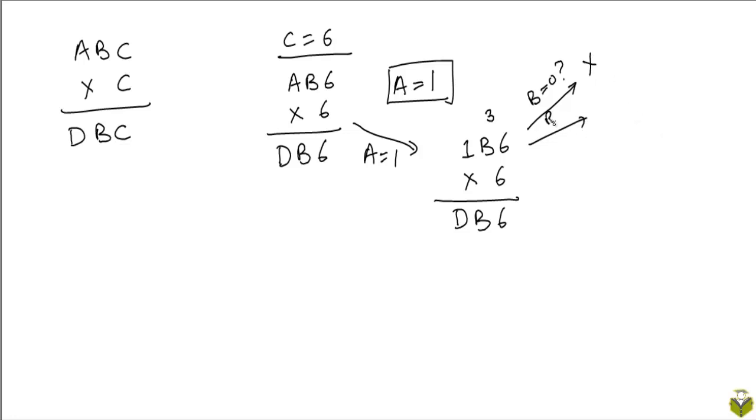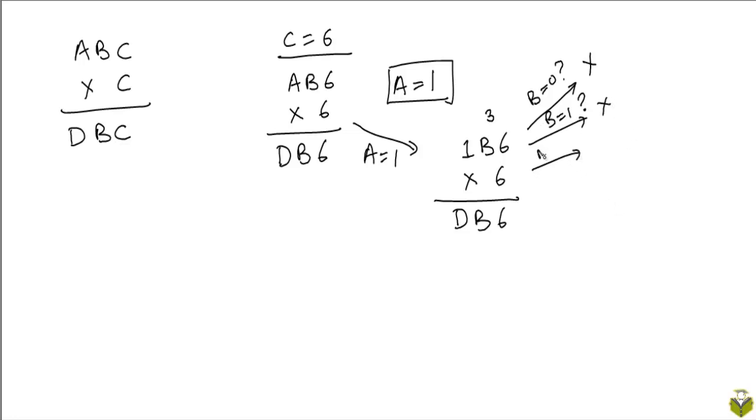What about 1? Can B be set to be equal to 1? Well, 6 times 1 would be a 6. 6 plus 3 would be 9, and so B would be set as 9 in this result. So if B is set to be 9 over here and B was set to be 1 over here, that's not consistent.